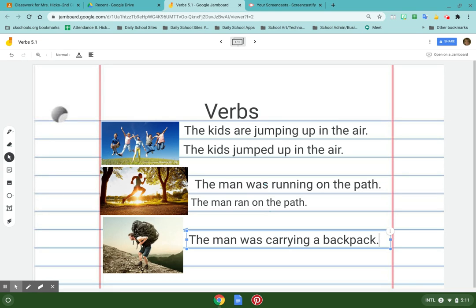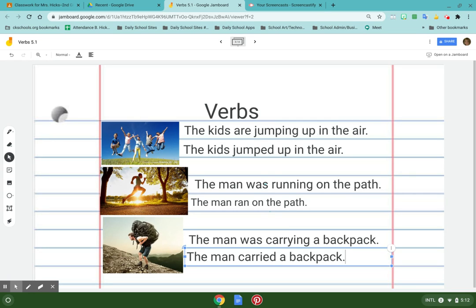Did you see where the P did not have a vowel next to it? So I just added the ing with jumping. So those are three forms that we use. Now I could say the past tense. The man carried a backpack.